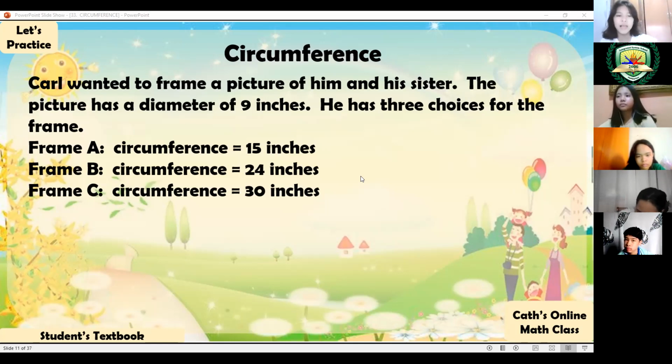Hindi kasi nagbabasa. Andiyan na lahat. Tapos ano pagkatapos nun? Yun lang yun. Pero pag radius yung binigay, i-times 2 mo na. I-times 2 mo yung radius and then times 3.14. Ganun lang. Okay.